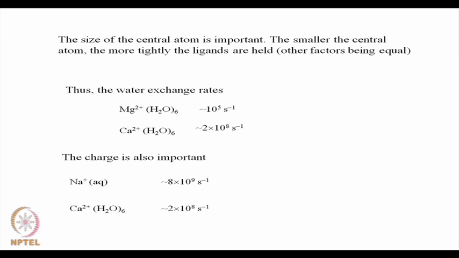So, charge is also important, and the size is also important. Why did I say other factors being held equal? Because for magnesium it is 2 plus, and for calcium it is 2 plus. So, the charge factor is kept constant.